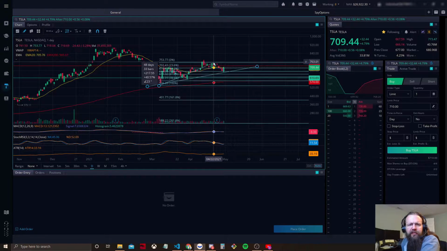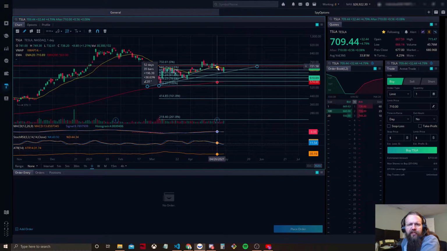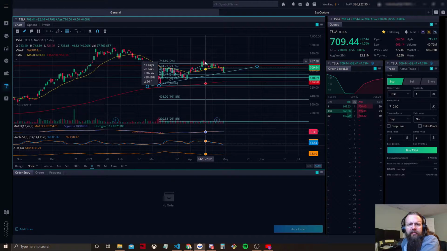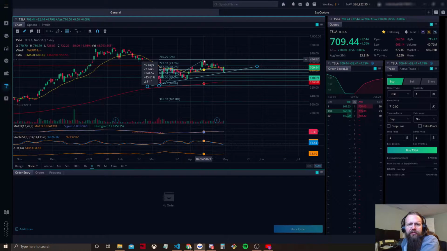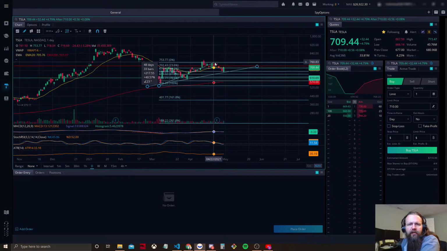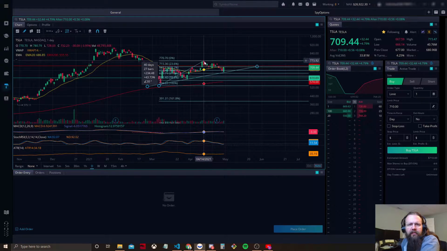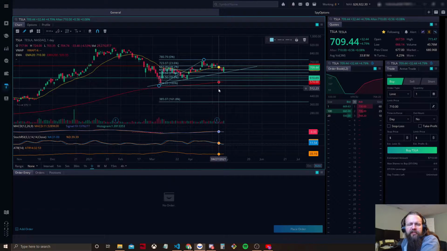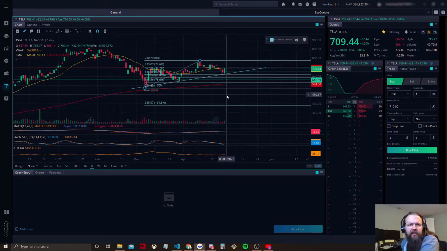I can see that it started to pull back here, so even that candle there would be a good one to choose to see how far it pulls back. Let's just keep it simple. We're on the daily.